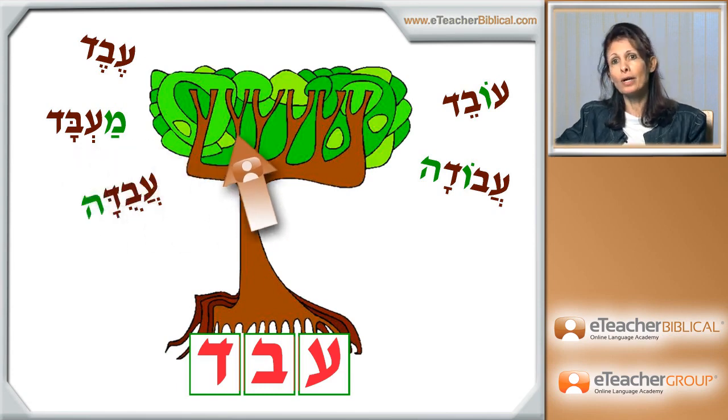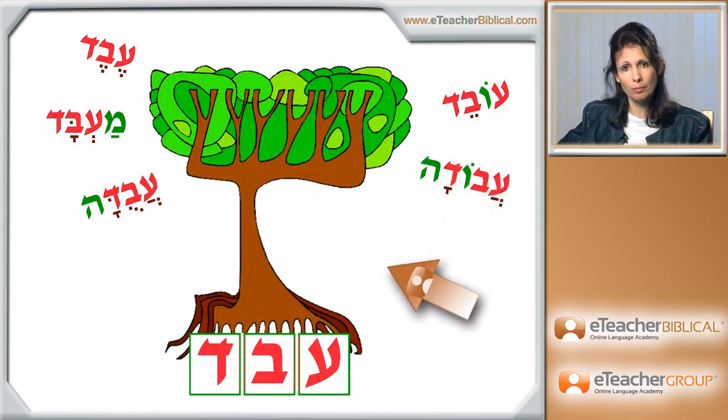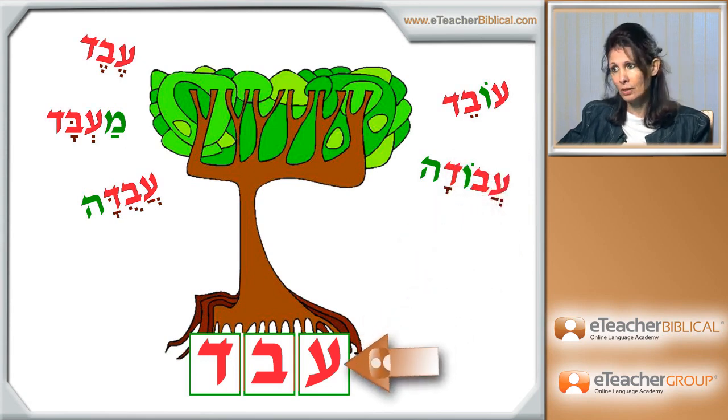Go to the further right-hand side to the word Oved. Oved is a worshipper and also a proper noun for a person that probably worships somebody, maybe a priestly worshiper. You can see very nicely, all of them are taking the same 3 letters that appear on the bottom, under the tree. Those are the root letters.